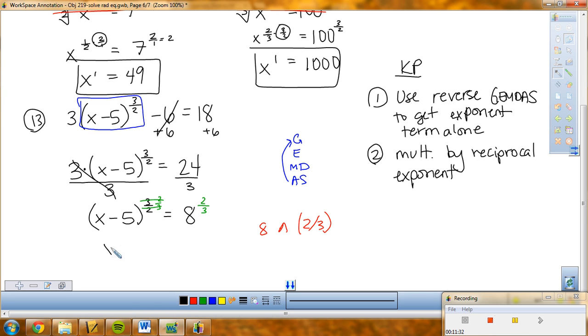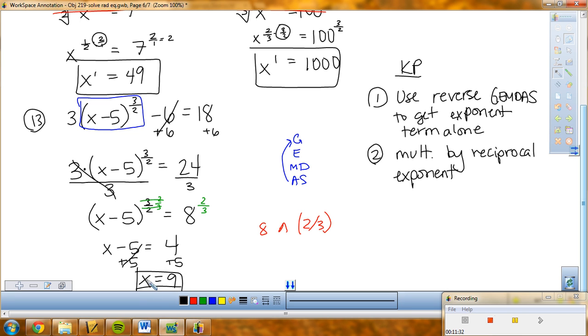So I am left with just x minus 5 equal to, and when you type that into your calculator, you get 4. And then the very last step is solve for x, so I'm going to add 5 to both sides. So I get x is equal to 9.